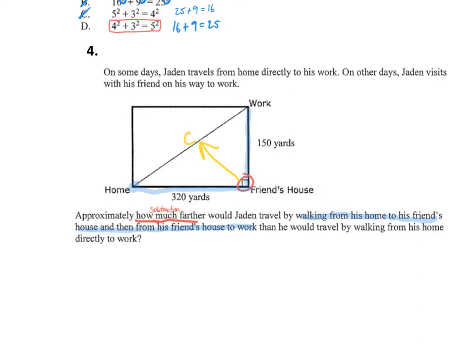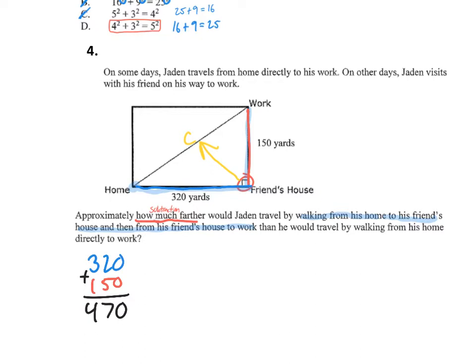So that's the full distance that he's traveling. I'm going to mark these side A, side B. So here's side A, here's side B. If he's going from home to his friend's house and then to work, he's traveling that 320 yards, and he's also traveling that 150 yards. So we are going to have to add these and figure out how far he is walking in total. So he's walking a total of 470 yards.